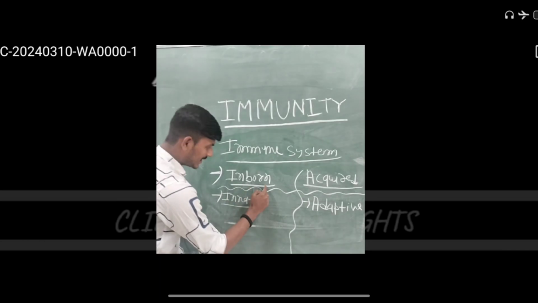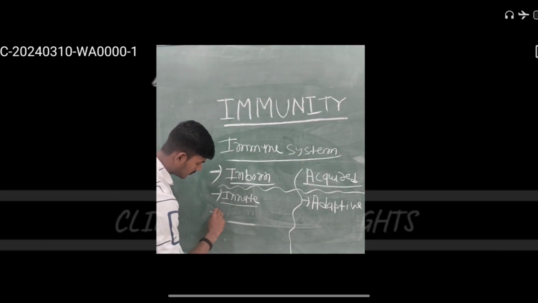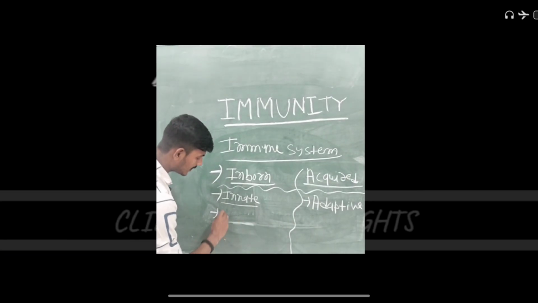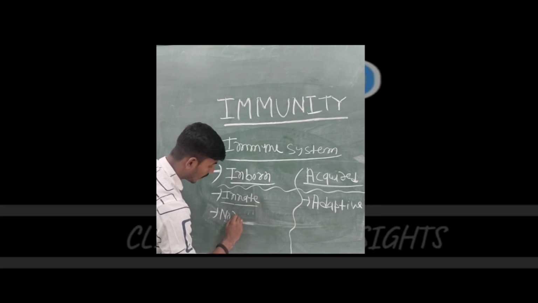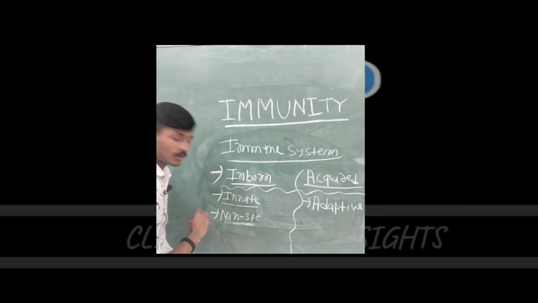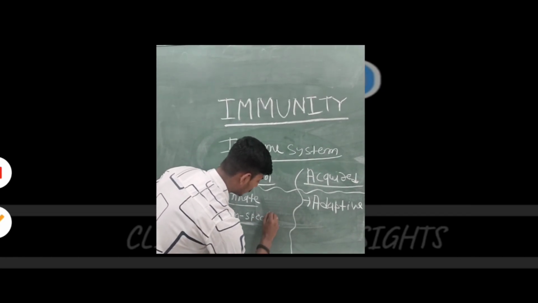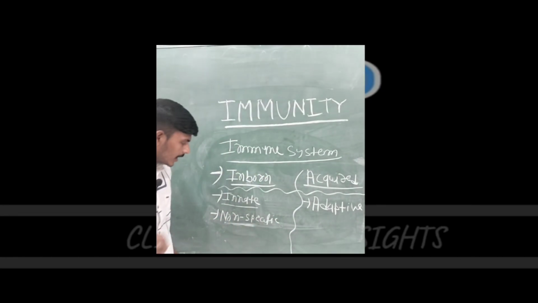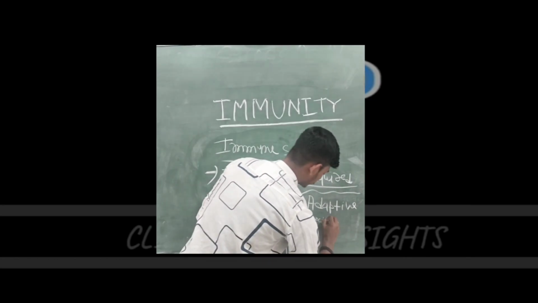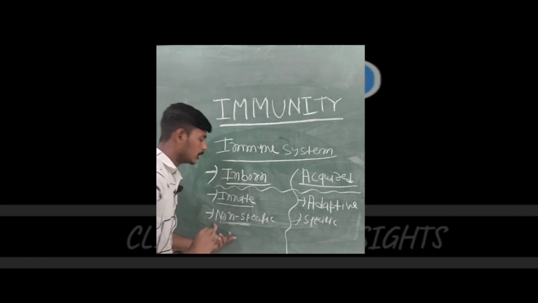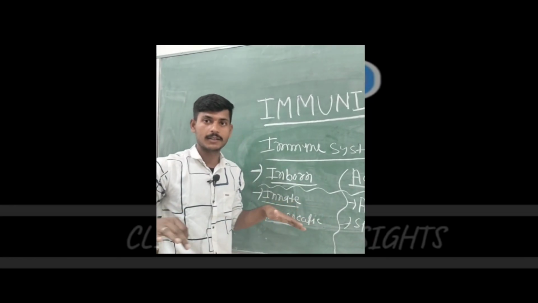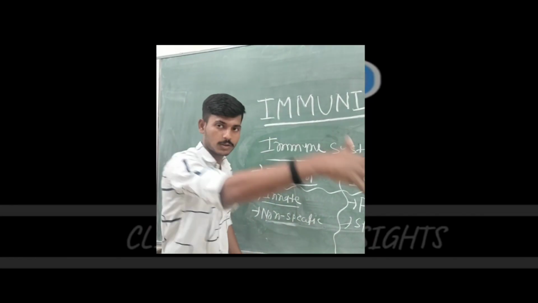Now this inborn immunity is called non-specific immunity. Why? There must be an underlying reason. Non-specific means they are like blind. Whatever comes, they first go.